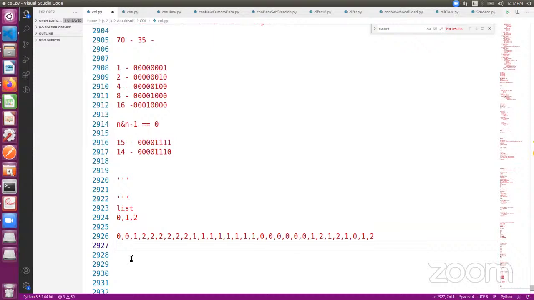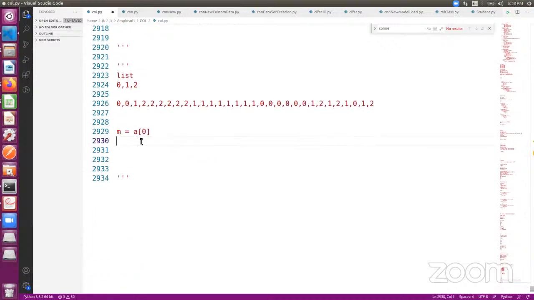Like min is equal to a of 0, just taking a variable, sir. Then compare it with the adjacent location, using a for loop. If it is found to be greater than the adjacent, then swap. It is like bubble sort.